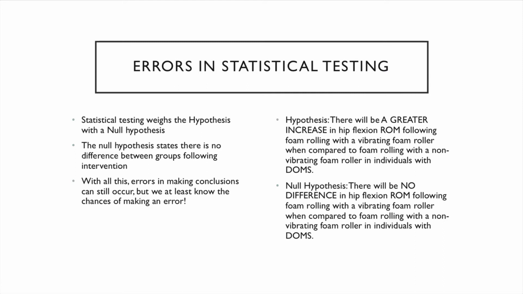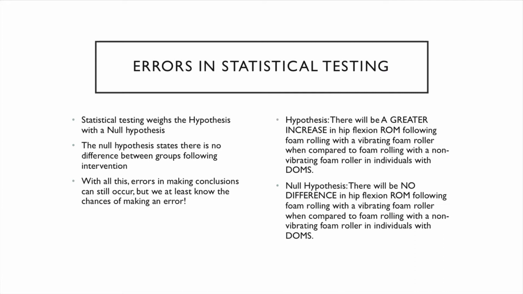It says there's going to be an increase with both foam rollers, but a greater increase for the vibrating foam roller. The null hypothesis that would go along with that says there will be no difference in hip flexion range of motion following foam rolling with a vibrating roller when compared to foam rolling with a non-vibrating foam roller in individuals with DOMS. So those are the opposite.